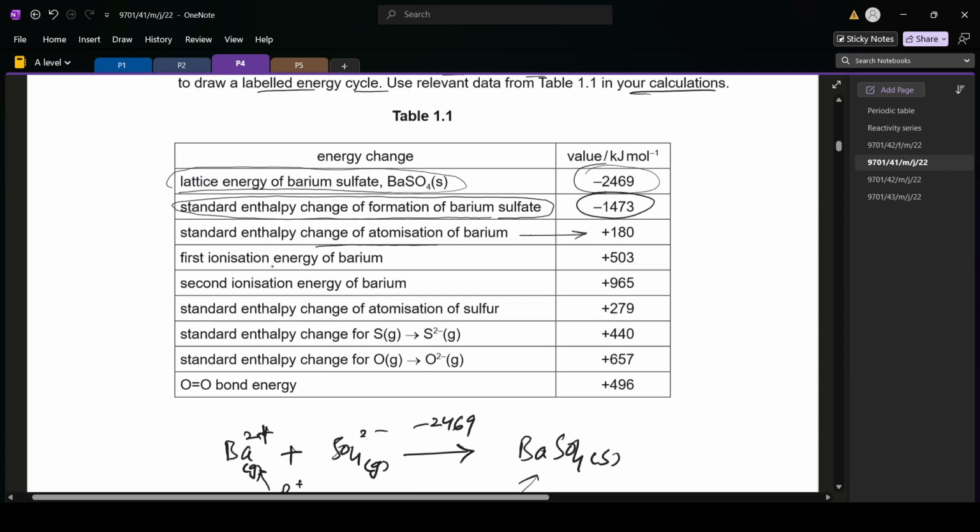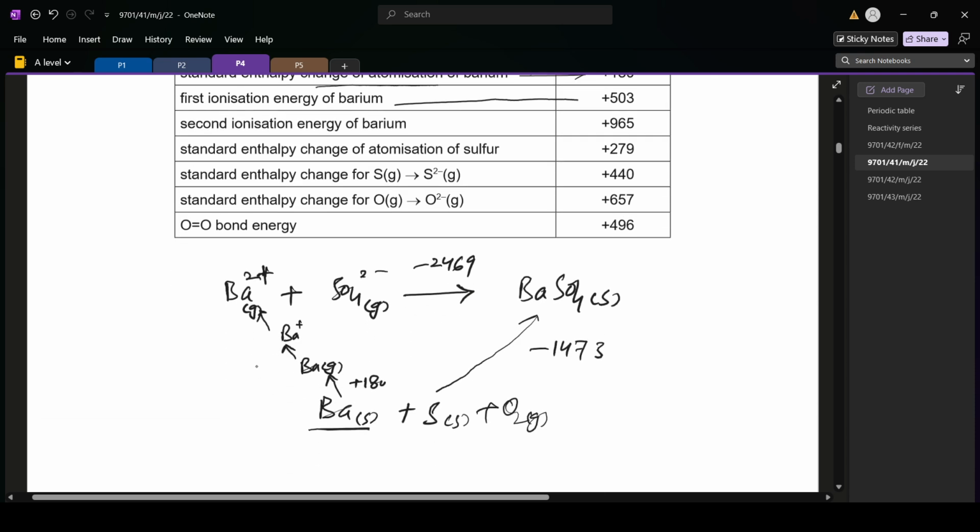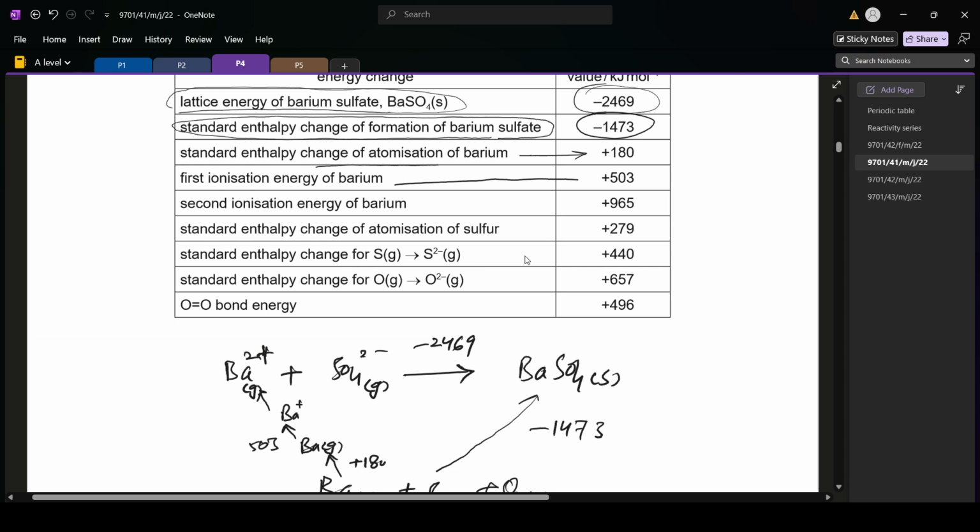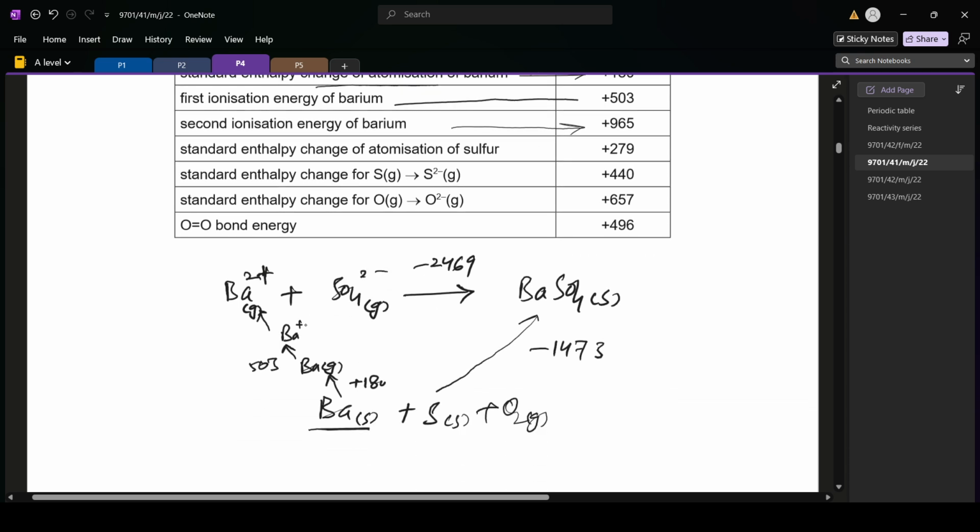The first ionization energy of barium is plus 503, and the second ionization energy of barium is plus 965.